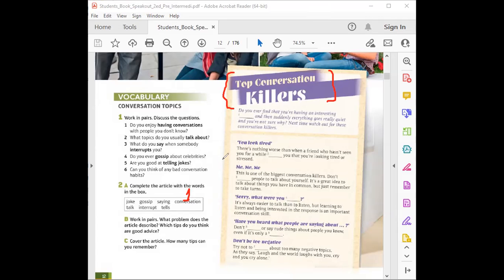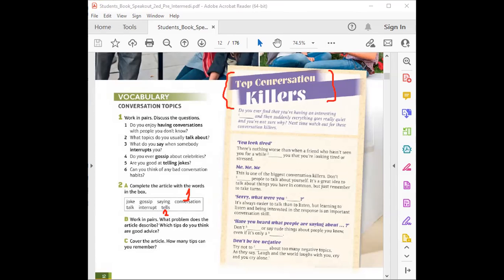Please start reading from "you look tired." Go ahead. There is nothing worse than when a friend who hasn't seen you for a while tells you that you are looking tired or stressed. Thank you. Continue, please. This is one of the biggest conversation killers.